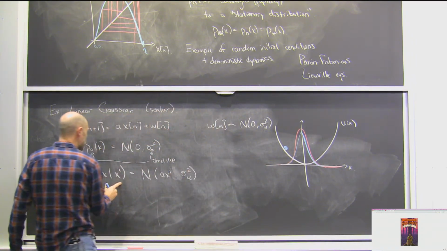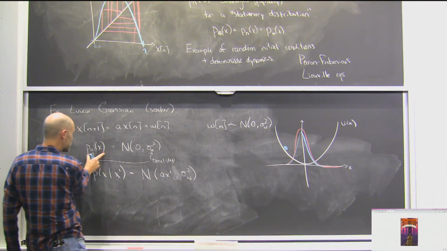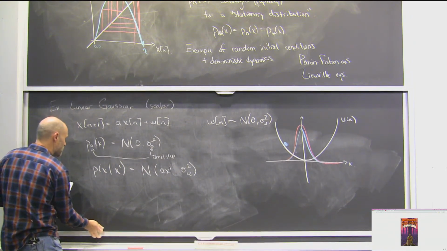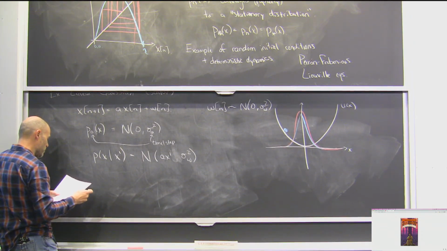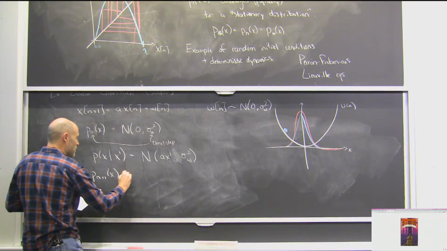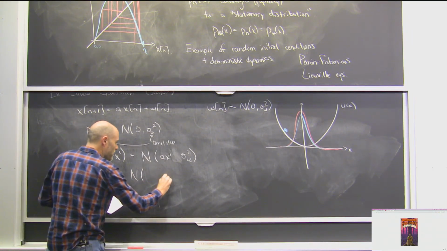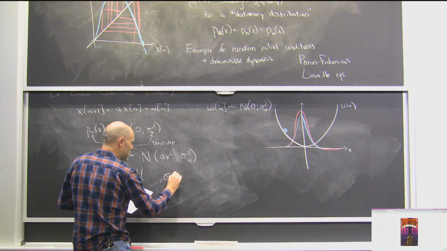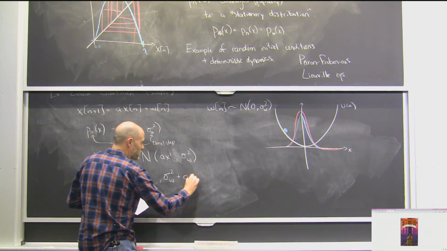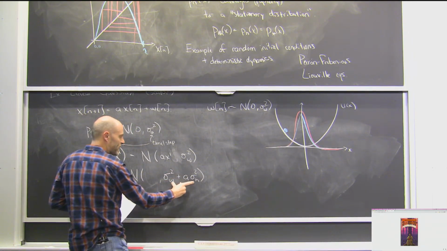If I take the integral, the convolution of this function with another Gaussian, Gaussians convolve, okay? And I get a solution for p of n plus 1 of x to be this times the previous one. I get a covariance that's a combination of the noise that's been added and the stability that's been added. I wrote it out carefully in the notes, but this is just integrating the Gaussians, okay?